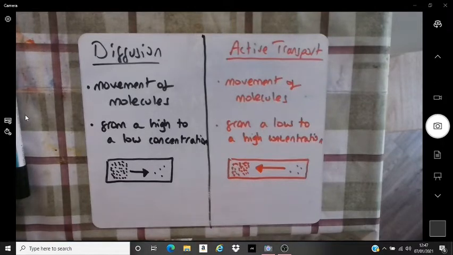Now, I don't want to get too crude, I don't want to give too many examples, but the key idea is, usually, molecules will always move from a high to low concentration. If you ever want evidence of that, spray some deodorant or some perfume in the corner of a room and just watch how that smell, the scent, those particles, those molecules spread away from where you originally sprayed the deodorant.